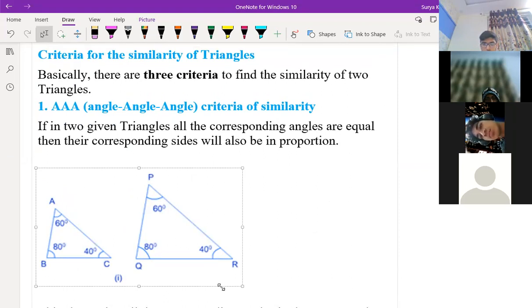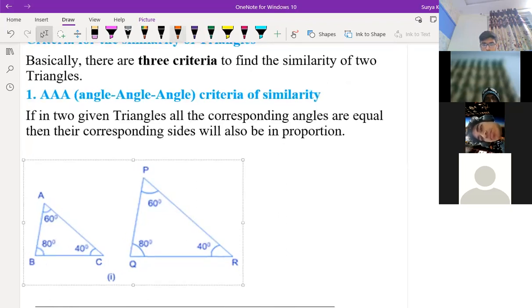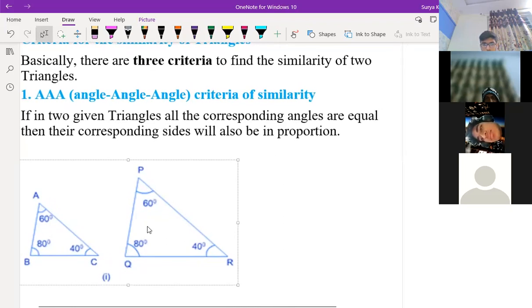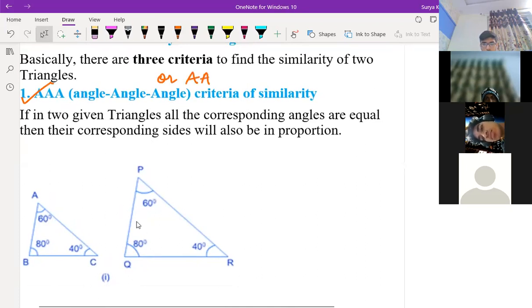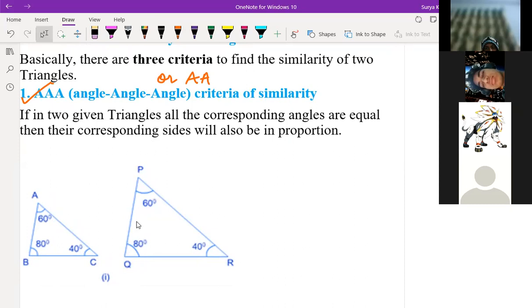Okay. Our first criterion is AAA, or you can say this is also known as the AA criterion. Why do we call it AA also? Because if two angles are the same, the third angle is obviously the same only. Correct, children? Either you can say double A or triple A criterion of similarity.